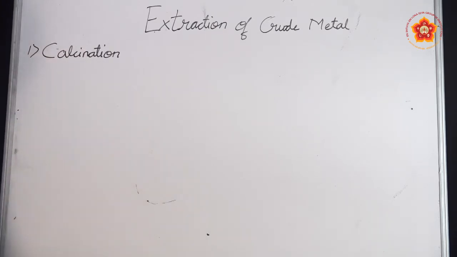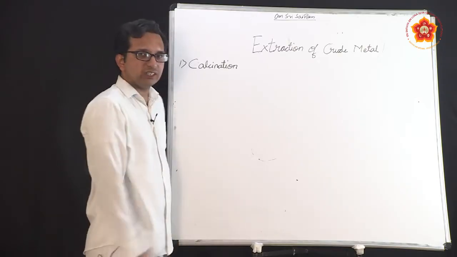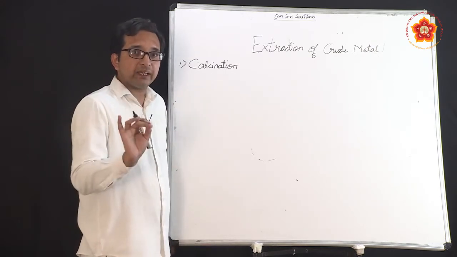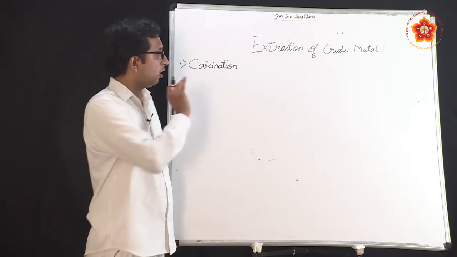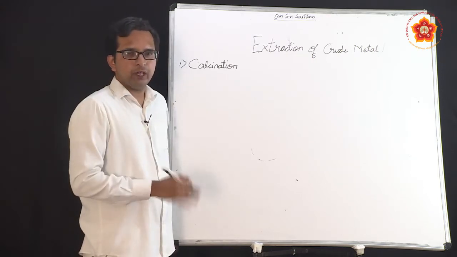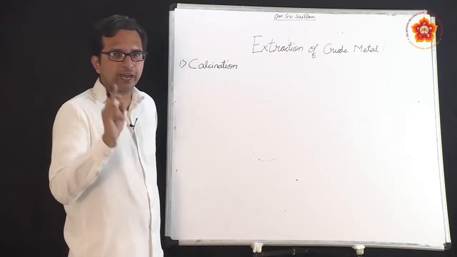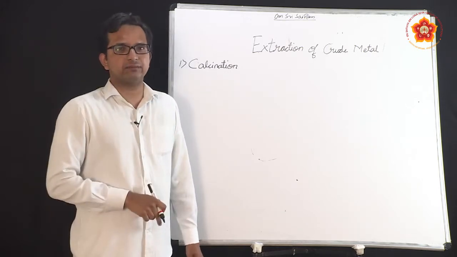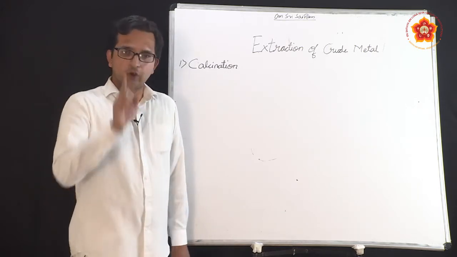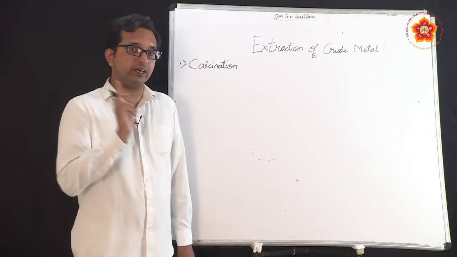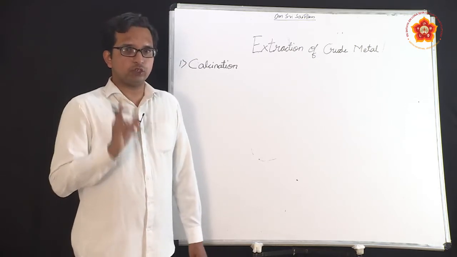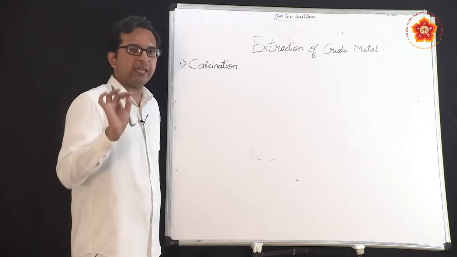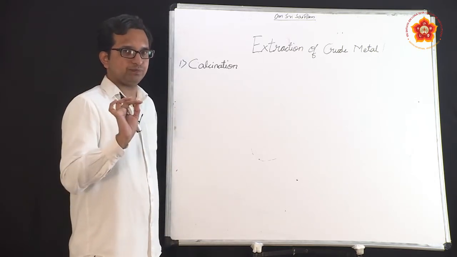So, what is calcination? Calcination is extraction of a metal mainly in the absence of oxygen or air. The moment we say air, though nitrogen is 78%, it is an inert gas, it does not react. But oxygen, which is 21%, does react in a good form. So, whenever we talk about utilization of air, we mainly mean the presence of oxygen.